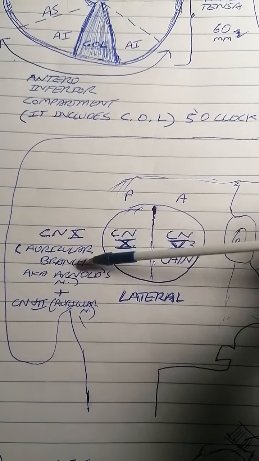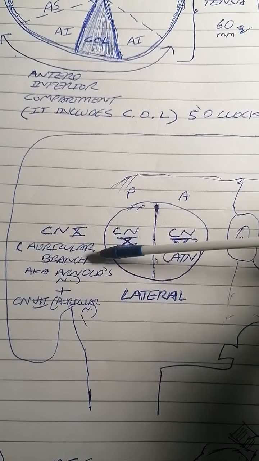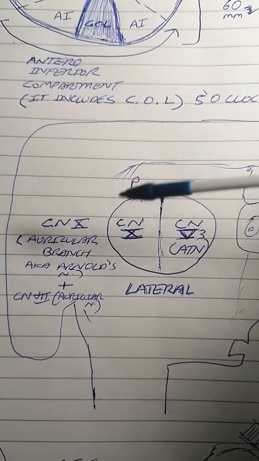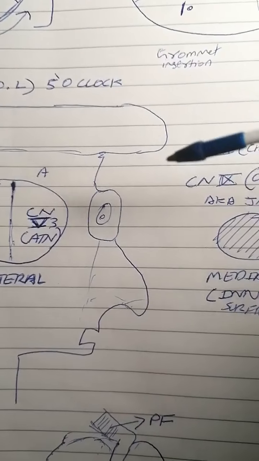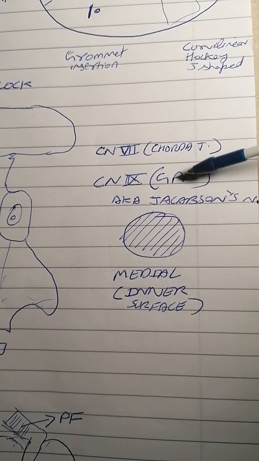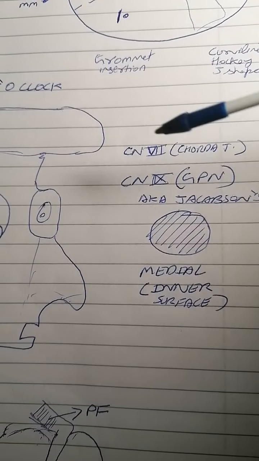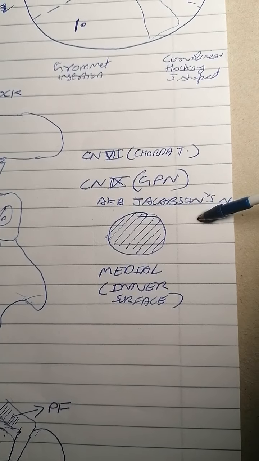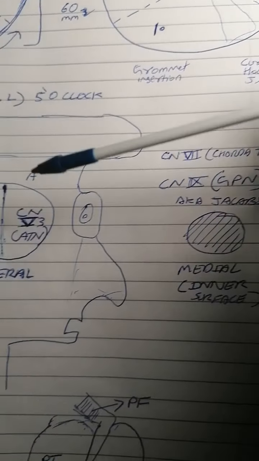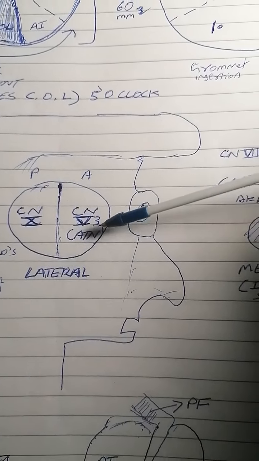and cranial nerve 10, which one exactly? It would be Arnold's nerve, which is the auricular branch of cranial nerve 10. Then there is innervation from cranial nerve 7 also, and from the glossopharyngeal nerve, cranial nerve 9, also known as Jacobson's nerve. So that also innervates the tympanic membrane.